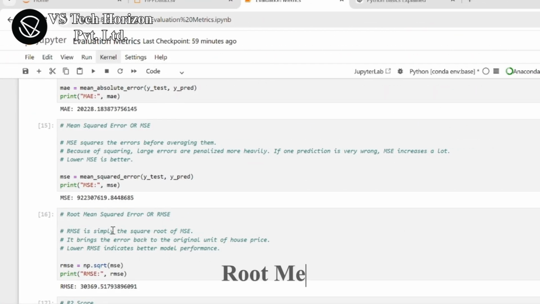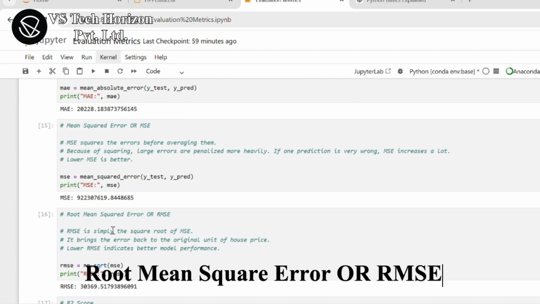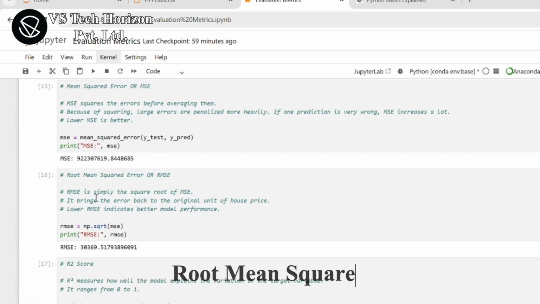Then comes the root mean squared error or RMSE. Root mean squared error is simply the square root of mean squared error. It brings the error back to its original unit, which is the house price in our case.